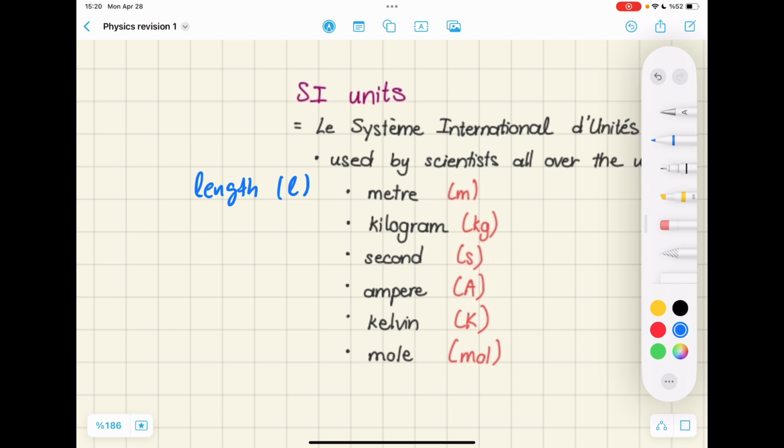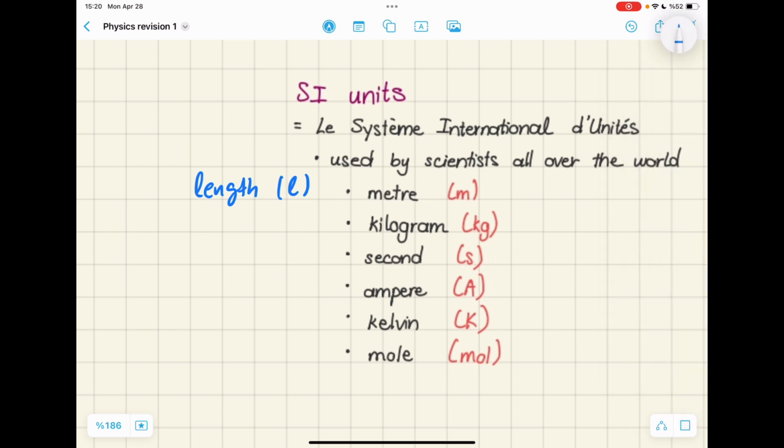length, and the symbol of that physical quantity is usually L. For example, depth, thickness, and so on are also related here.